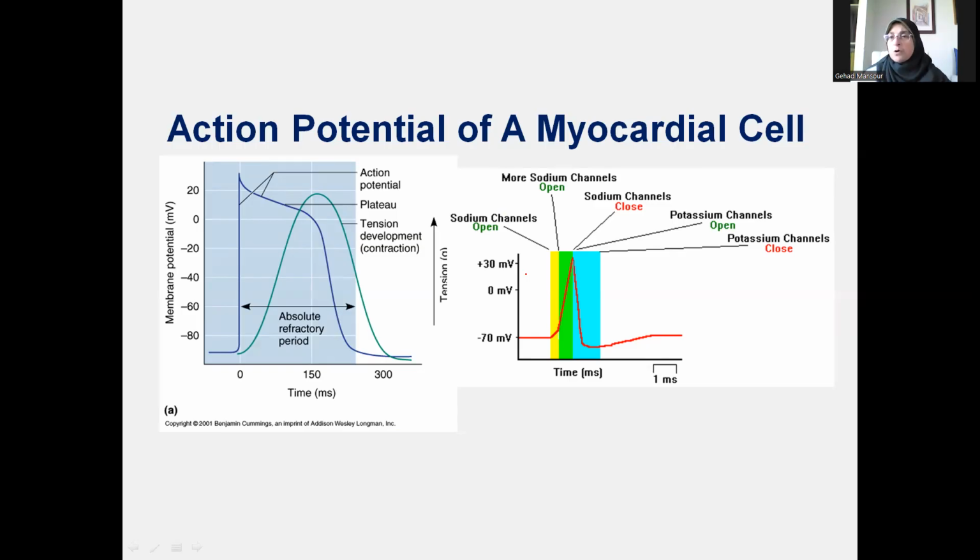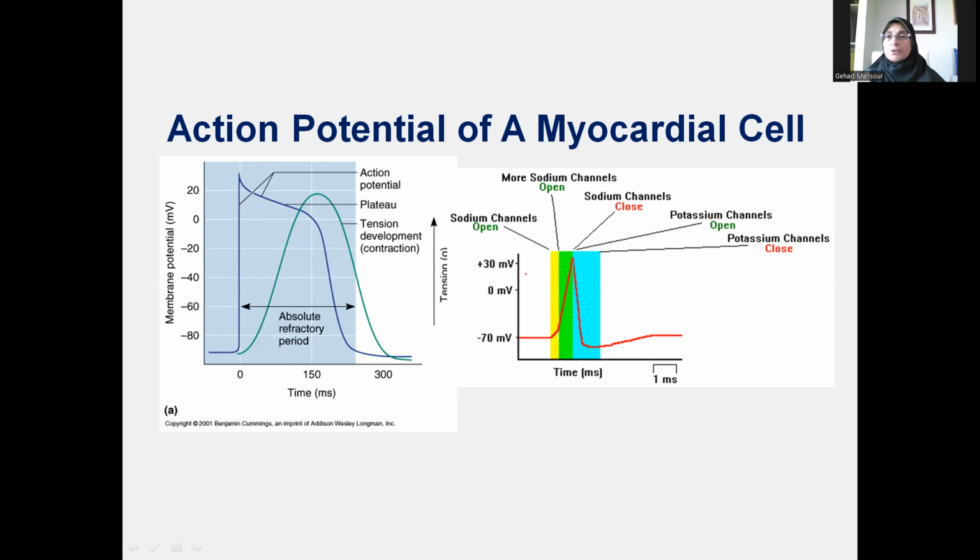I might ask you about the definition of the absolute refractory period. I might ask you about the significance of the absolute refractory period. The significance is to protect the ventricles against the atria, and the ventricles actually against very high rates.